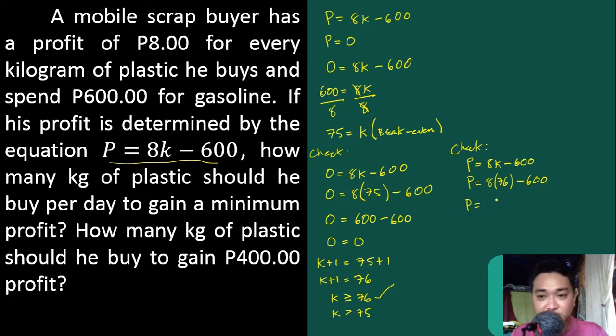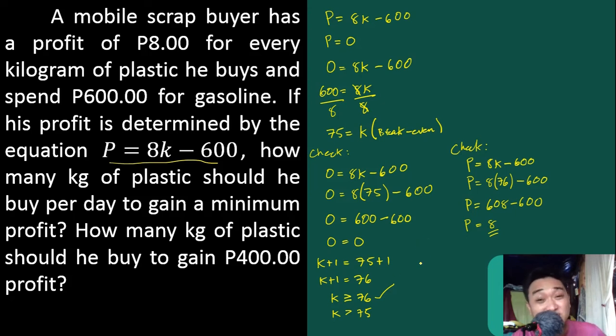So, that will be 608 minus 600. 8 times 76 is 608 minus 600. So, P or the profit will be 608 minus 600. That will be 8. So, yan, 8. The minimum profit is 8 pesos because per kilo is 8 pesos. Ayan. So, therefore, na-check na natin that the minimum profit, the number of kilos to gain a minimum profit should be 76 kilos.